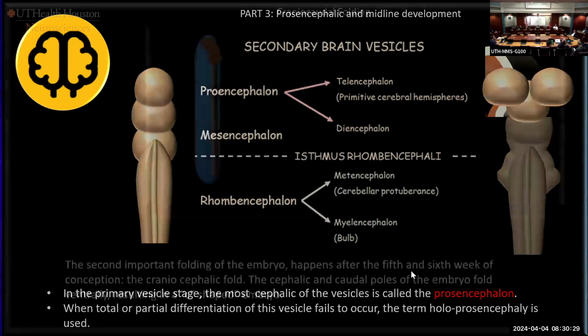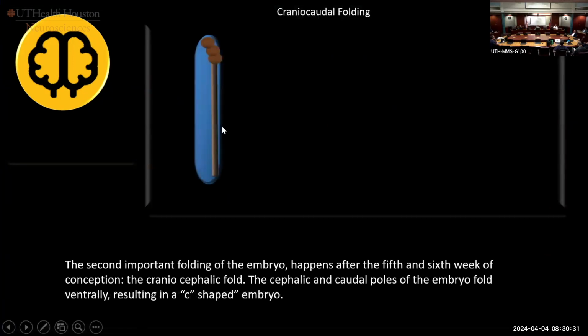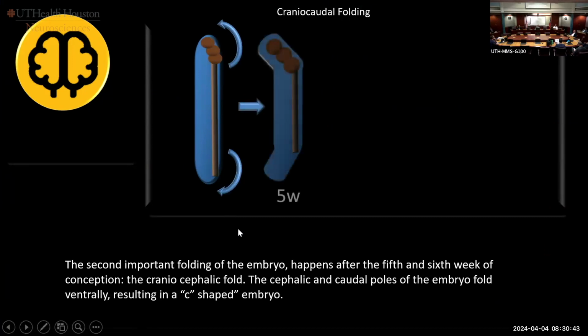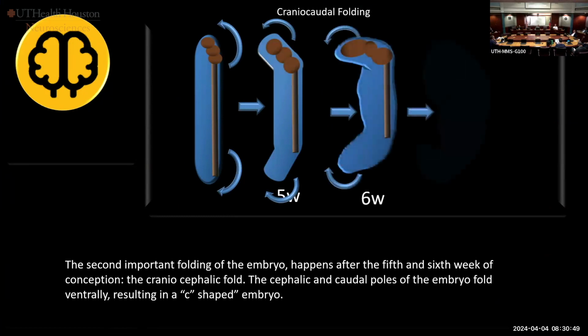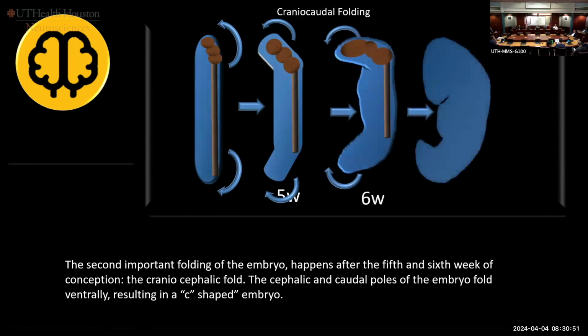So let's kind of go through this and see how we created from these three protuberances up here a fetus. It never makes sense to me. So two months ago, we saw how we created the whole tube. So now let's create from a tube. This is folded like if we were creating a croissant. Right? And you start folding it until you get something like that, right?